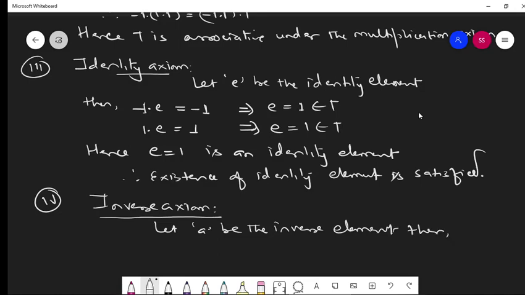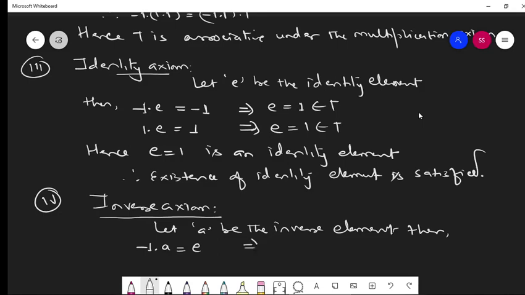Then the condition is -1 dot A equals E. The product of an element and its inverse element should be the identity element.